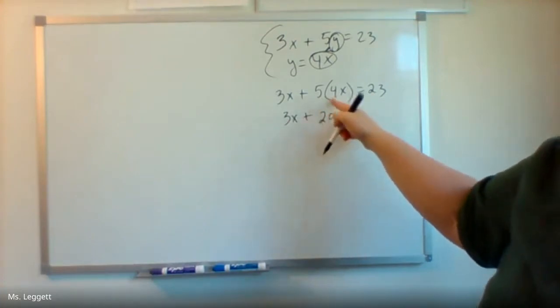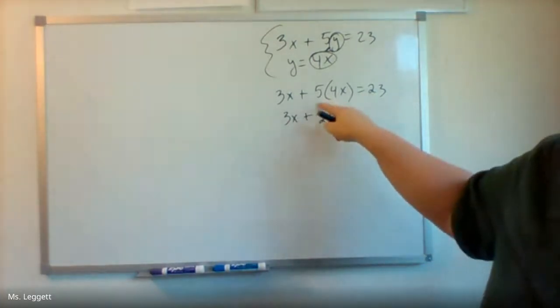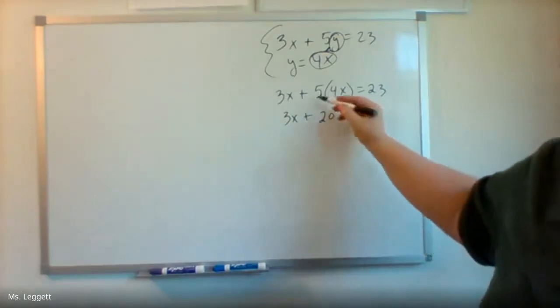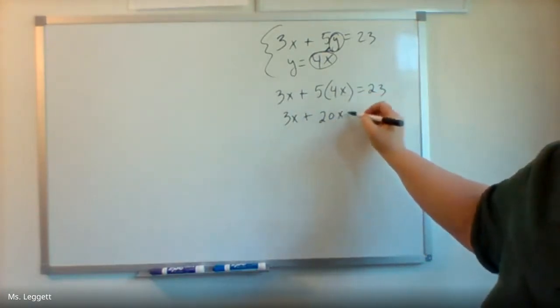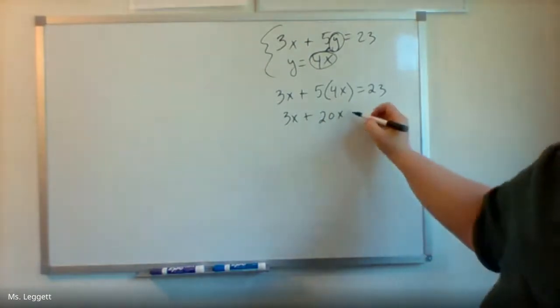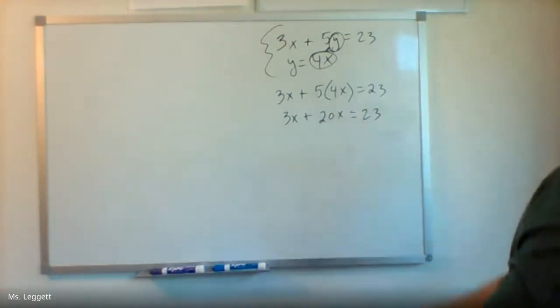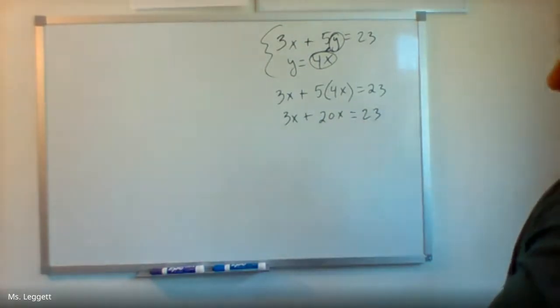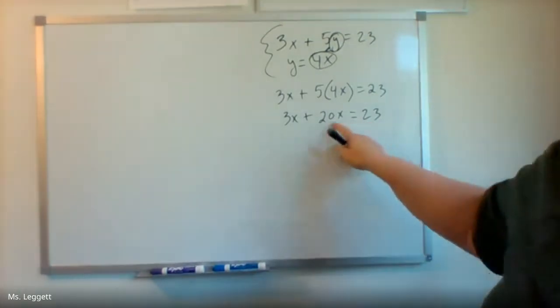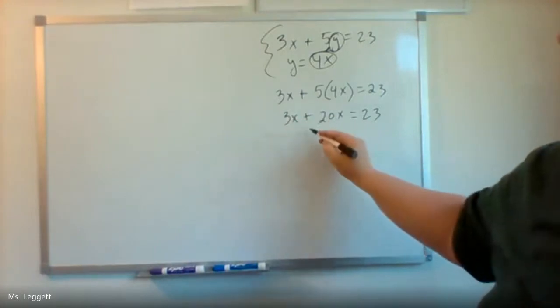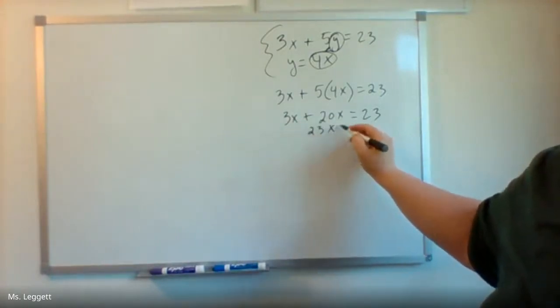Remember that this is multiplication. Anytime the number or letter is right next to it, it's multiplication. 5 times 4 is 20, and there's only 1 x there, so don't worry about it. That's a whole other ballgame that you'll get to in algebra if you have to do x by x. Okay, 20 and 3 is simply 23x.